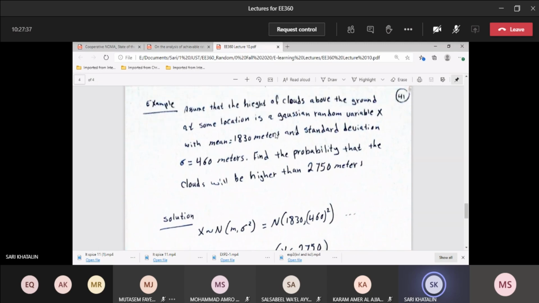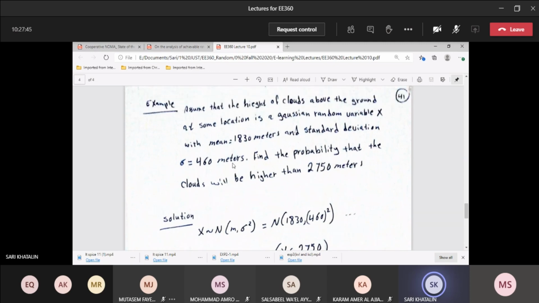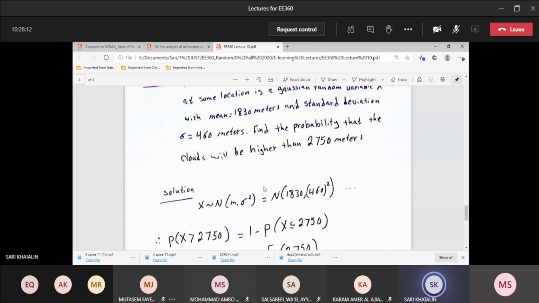Obviously, since we already have the mean and we already have the sigma, all we have to do is represent it in this notation. X, of course, is the height of the cloud. The random variable x is the height of the cloud, distributed normally because it's a Gaussian random variable, where m, the mean, is equal to 1830, given to us, and sigma squared is 460 squared.